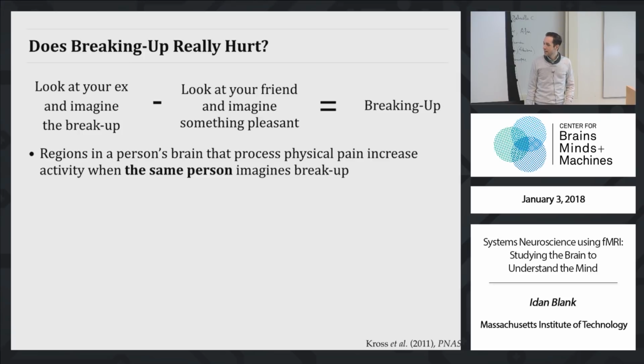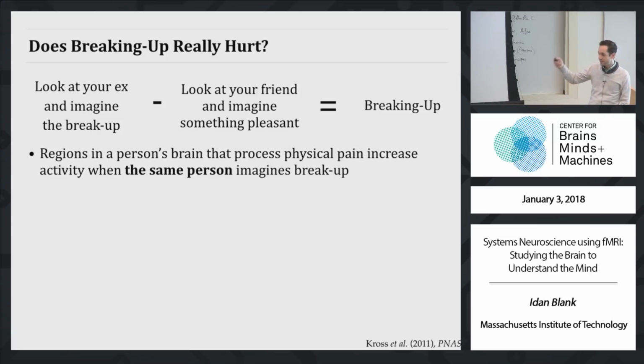And those regions, when you look at, for example, the pattern of response across many tasks, they respond in a similar way. So my region here and your region here can respond very, very similarly across many, many tasks, which convinces us that they are the same functional system. They just don't happen to fall exactly in the same place in your brain and in my brain, if that makes sense.